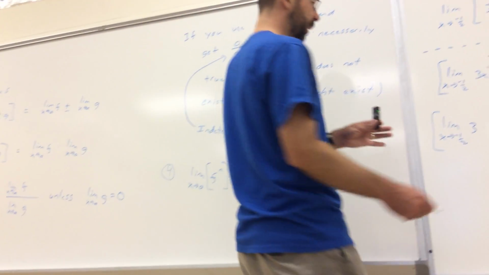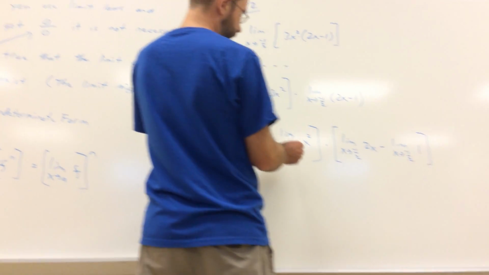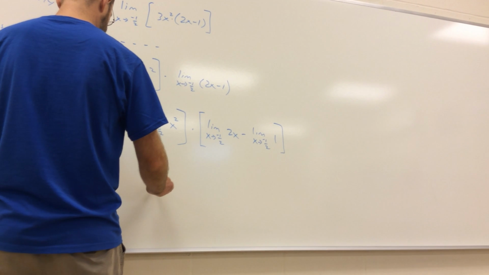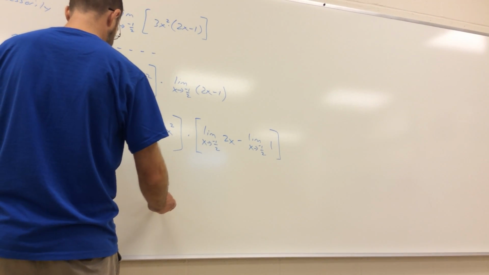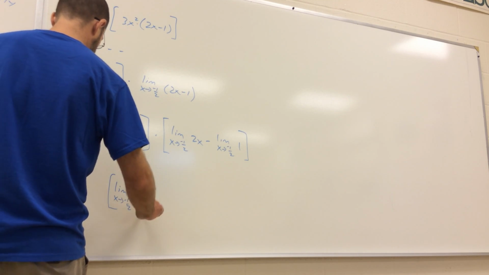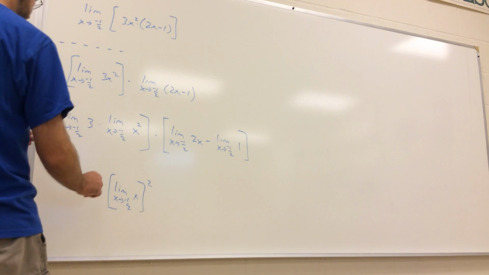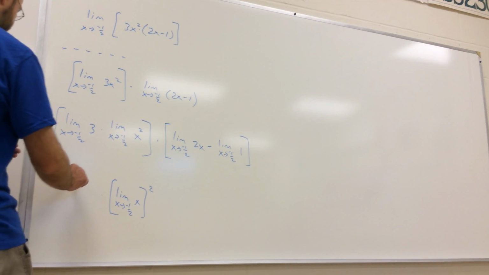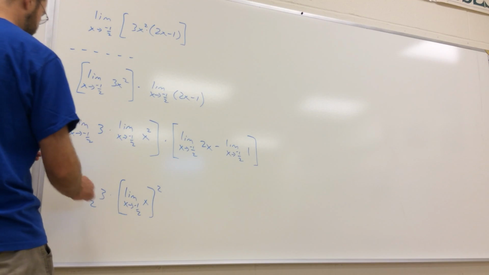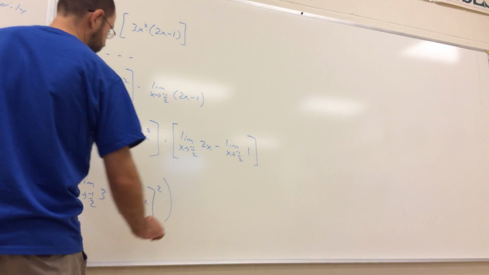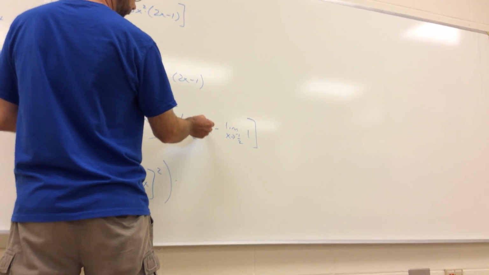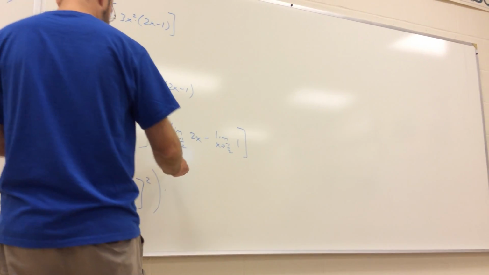So I'm going to apply that limit law right here. I'm taking the limit of something squared. So limit law 4 says that I'm allowed to take the limit of the something and then square that instead. And I'm going to just recopy this limit as x approaches negative a half of 3. Okay, then finally I'm going to distribute this limit past this multiplication sign.